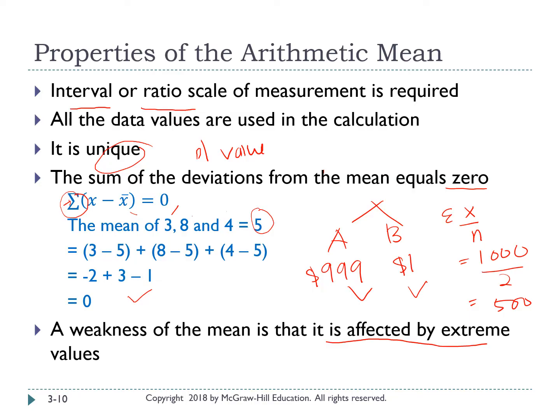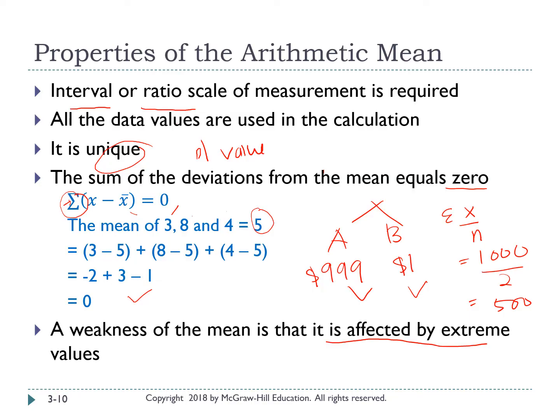Because if you have an extreme value, your description of your data will be very biased. In this case, it is almost impossible to say that person B, who got an income of $1, and in your interpretation you say that, well, on average both of them will get 500. It is wrong. So in this case, you shouldn't use the arithmetic mean.